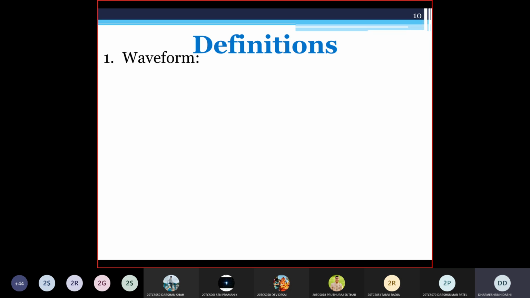Okay. So the first term, or first definition, we will understand is waveform. What is called a waveform? Can anyone give me the answer? What is called a waveform? Yes, anyone?